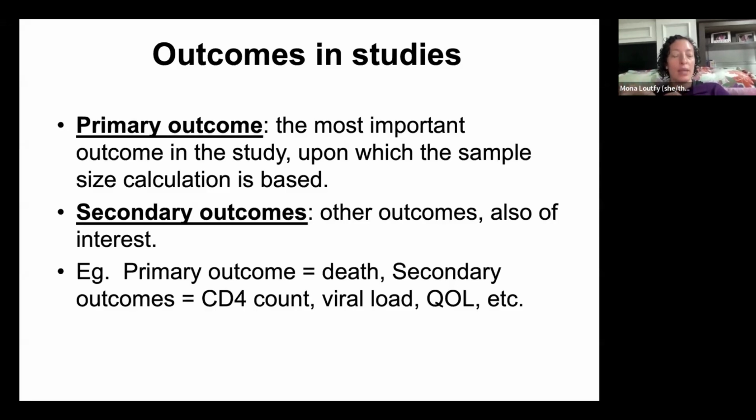So the reason we're using viral load is that it's a surrogate for survival. Do you see that? So those are other ways that we choose our primary outcome.